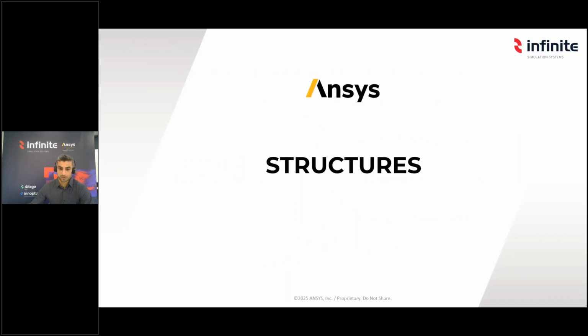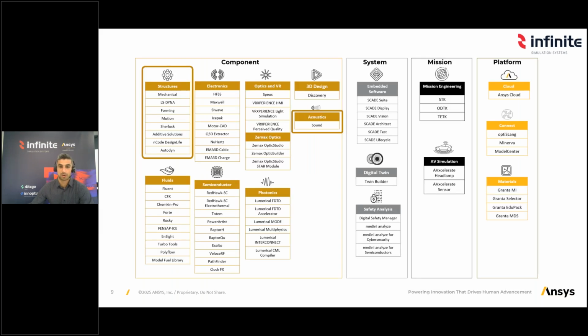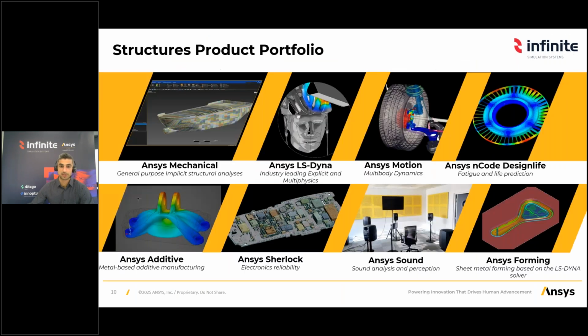So let's start with structures. So structures is this part of the portfolio. So zooming into it, these are the main applications, the main solvers. And we see that in Ansys Mechanical, for example, there has been, again, quite some improvements in terms of contacts, nonlinear analysis, meshing capabilities.